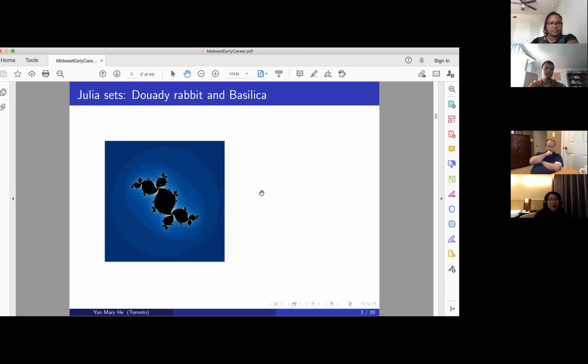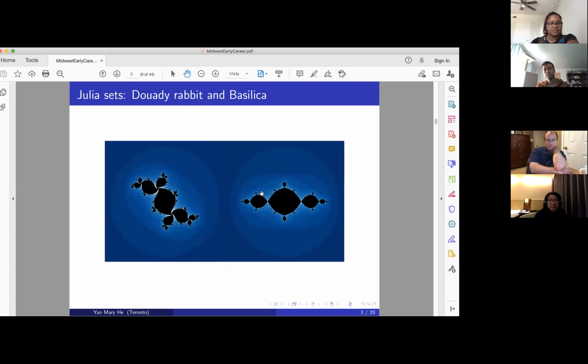So this is a very nice and simple example to give you an idea of what is a Julia set. But in general, Julia sets are more complicated. So here is an example. It's called Douady's rabbit. So the black region in the picture is the filled Julia set. And the boundary of the black region, which is a super fractal object, this is the Julia set for a quadratic polynomial.